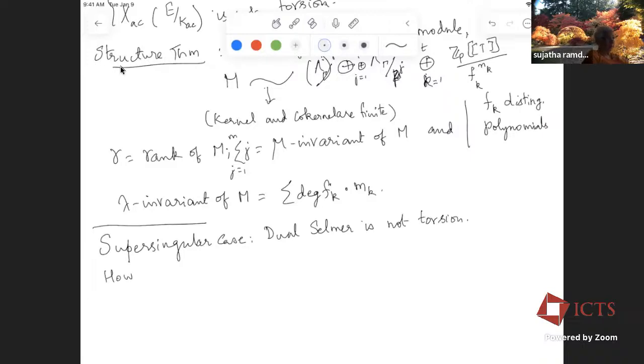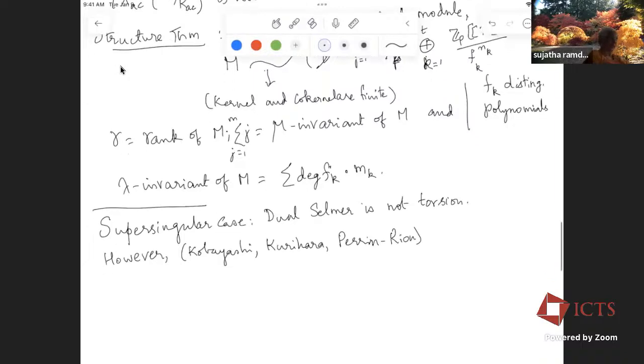However, Kobayashi, there are various people, Kobayashi, Kurihara, Pollack, they introduced what are called signed Selmer groups, which I just denote by Selmer plus minus of E[p^∞] over F, where again F is either the cyclotomic or the anticyclotomic extension.